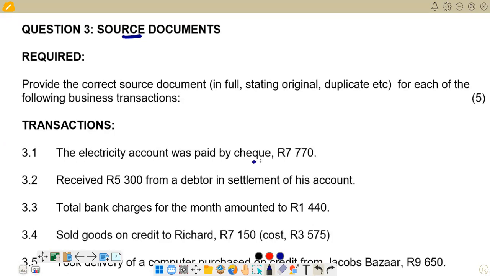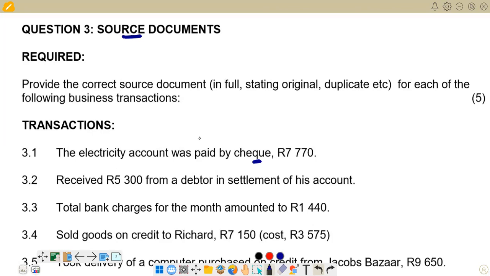So there's a payment that has taken place by check of amount 7,770 rands, and the source document that we need to identify is this: when a check is written, remember a check is part of that document that we have as a checkbook. A check is issued.